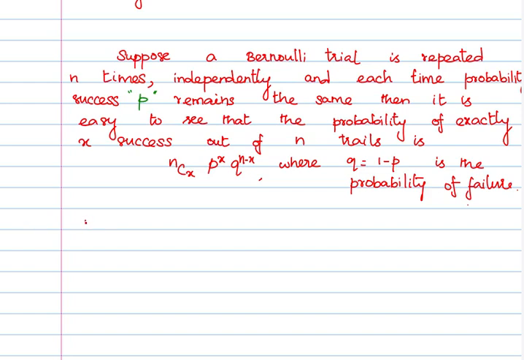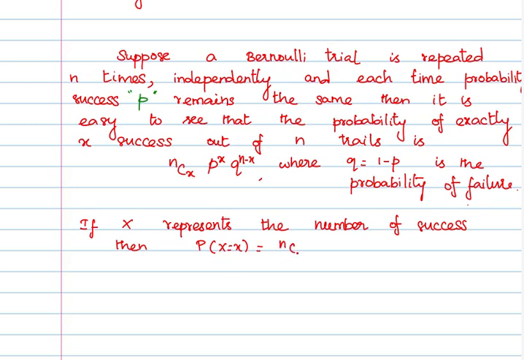If X represents the number of successes, then P of X equal to x is defined as nCx p power x times q power n minus x, where x equal to 0, 1, 2 and so on up to n.